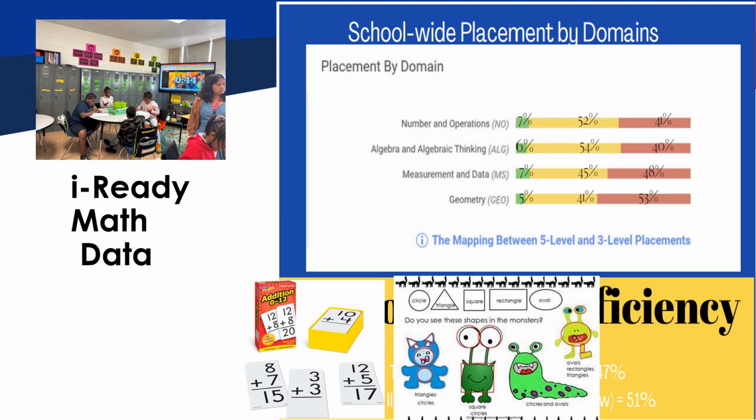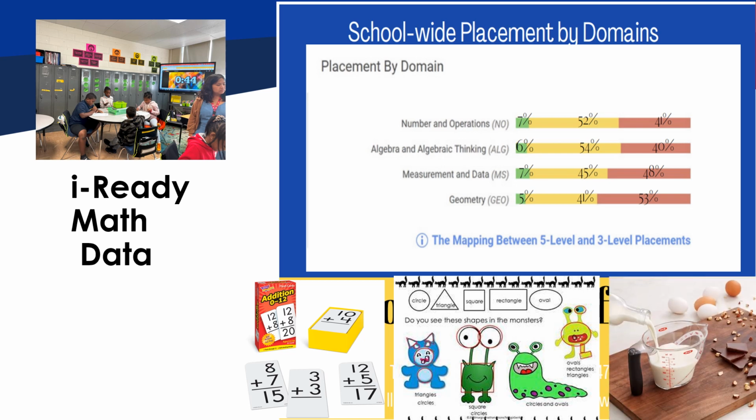geometry skills. And lastly, we ask that you allow our children to help you in the kitchen, because if they are working with those measuring items, if they understand that when you go to the store you get a gallon of milk or a half a gallon of milk or a pint of milk or orange juice, that will help them to remember all the ways that we use measurement.